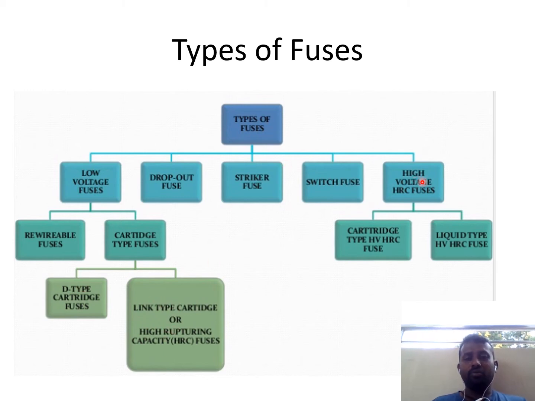And these high voltage HRC fuses are classified as cartridge type high voltage HRC fuse and liquid type HV HRC fuse. So this is the general classification of fuses, but you have only the low voltage fuses, which are rewirable and link type fuses, as a part of your syllabus.